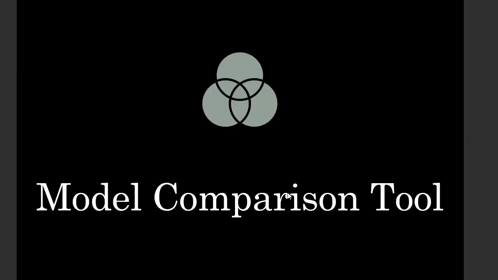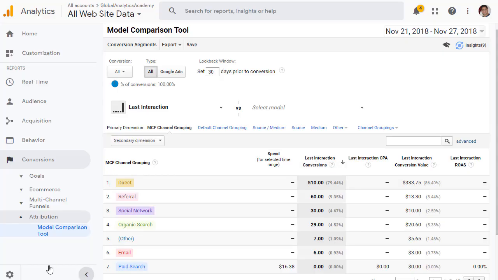Google Analytics provides a model comparison tool for you to compare different models and see how they impact the valuation of your marketing channels. The model comparison tool is available under attribution in the conversions section. In the model comparison tool, you can compare up to 3 models side by side. So by default, you're seeing last interaction.